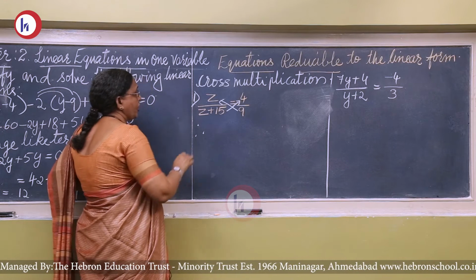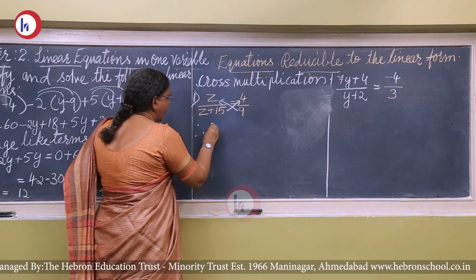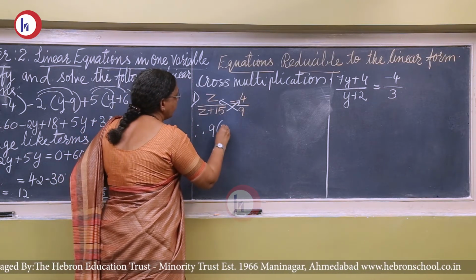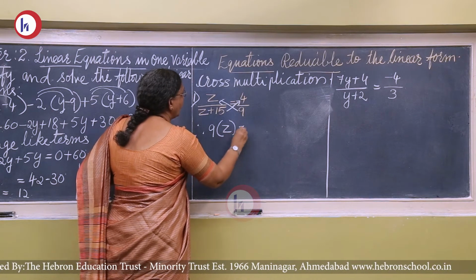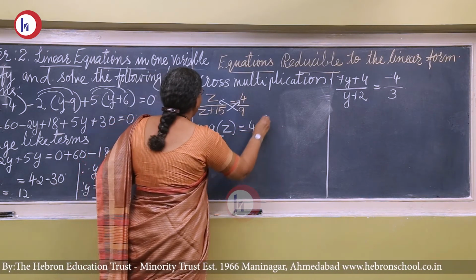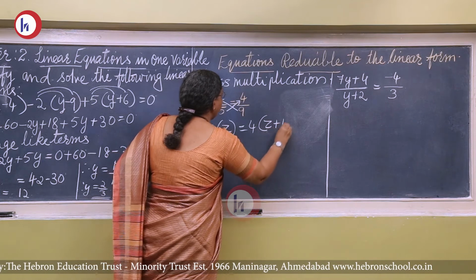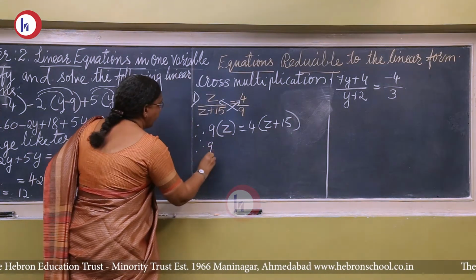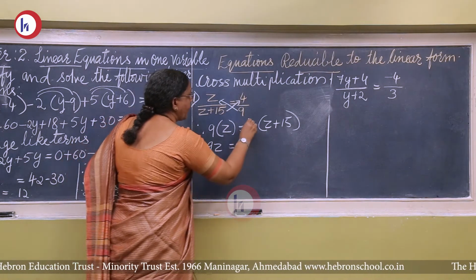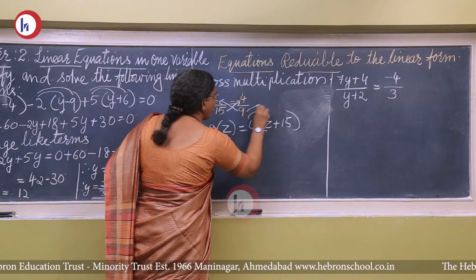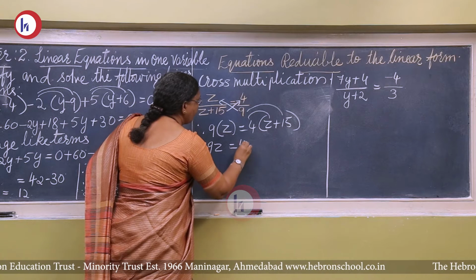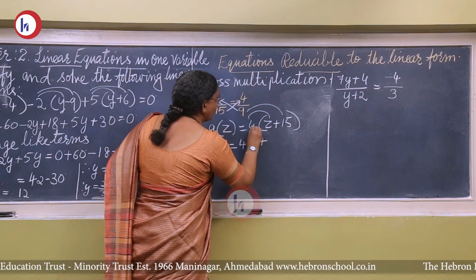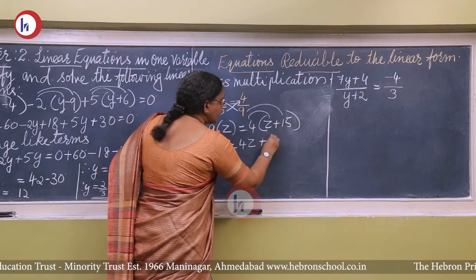Therefore, 9 multiplied with Z is equal to 4 multiplied with Z plus 15. Therefore, 9Z is equal to 4 multiplied with Z as well as 15. So 4Z plus 4 15s are 60.